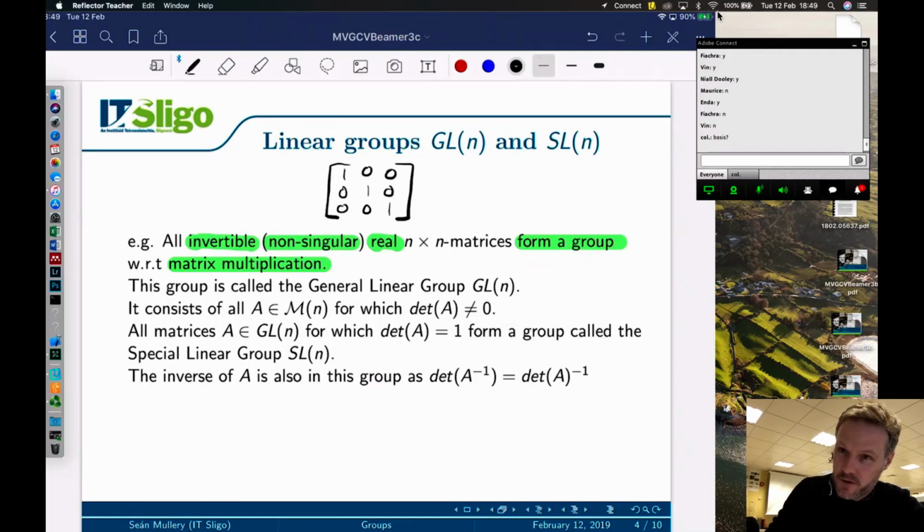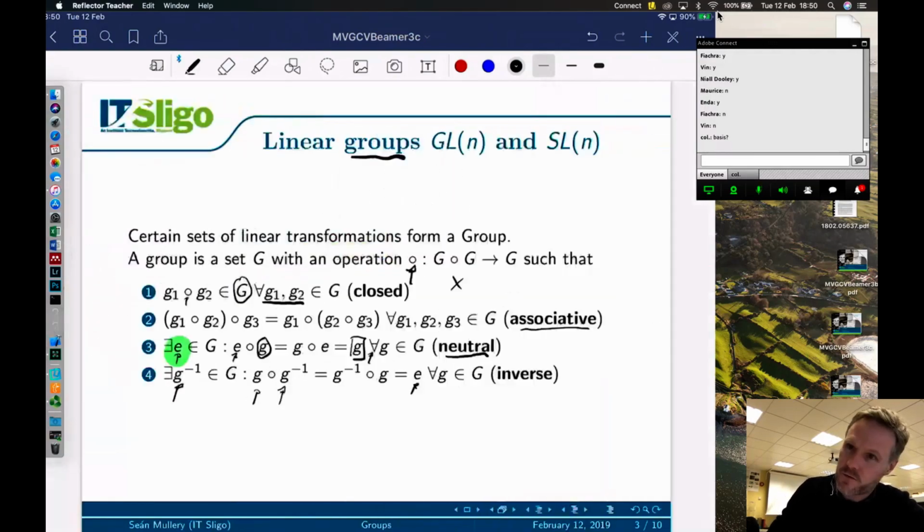If we multiply it by any other member of the group, we get that member of the group back. Also, if we have a member of the group which has an inverse, the invertible matrix will also be a square matrix. If you multiply those two by each other, you will be back at the identity matrix. So again, it follows that set of rules.